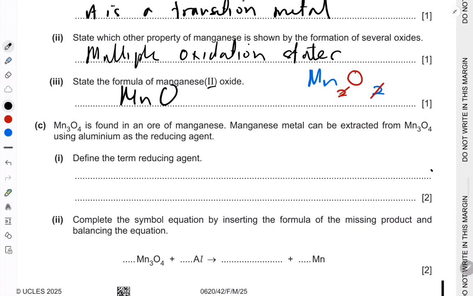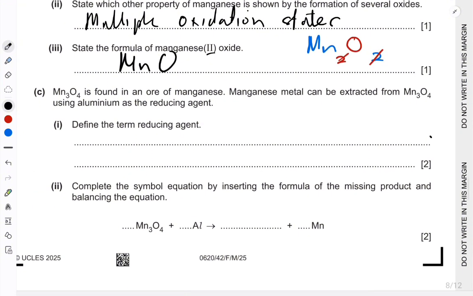Now, Mn3O4 is found in an ore of manganese. Manganese metal can be extracted using aluminium as a reducing agent. Define the term reducing agent. So a reducing agent causes another substance to go through a reduction.